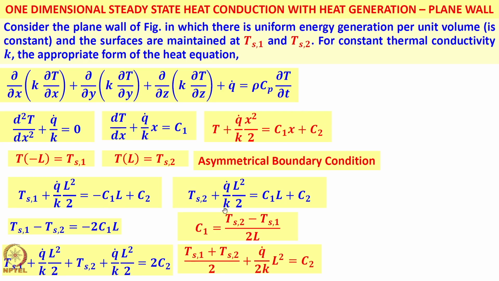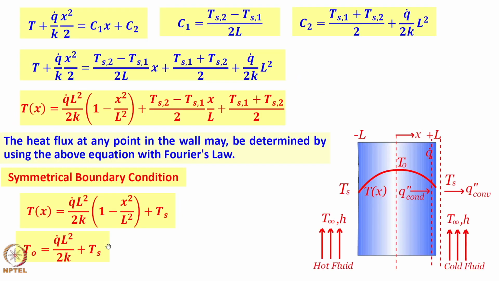You would have two equations, two unknowns, solve for C1 and C2, substitute back, and you would get the temperature distribution. That is what is shown here, where the temperatures are specified as Ts1 and Ts2, and Ts1 was greater than Ts2. So, you get a parabolic relationship, a linear term here, and a constant term here.